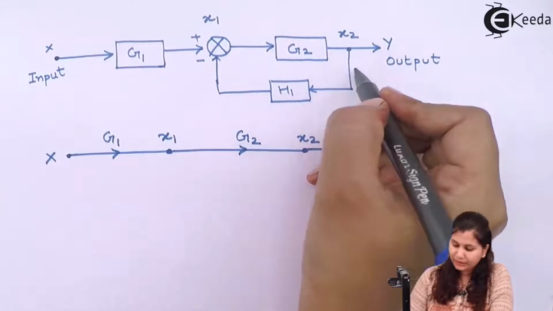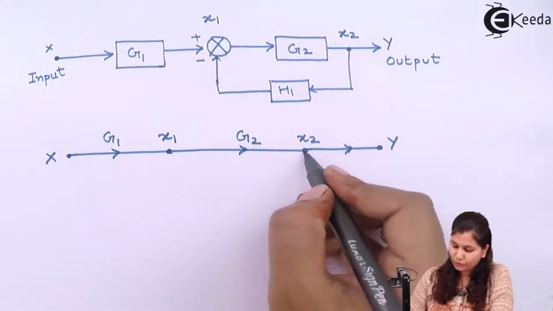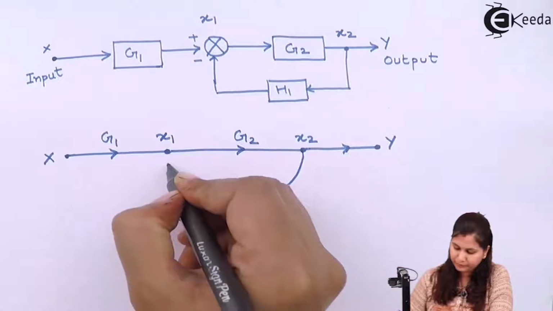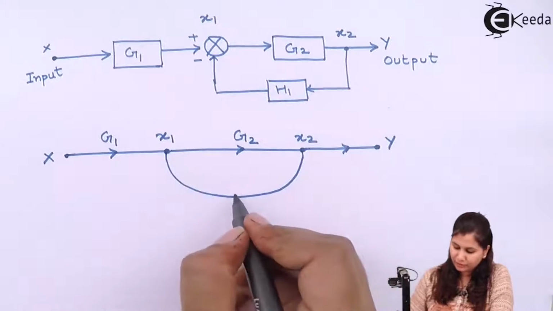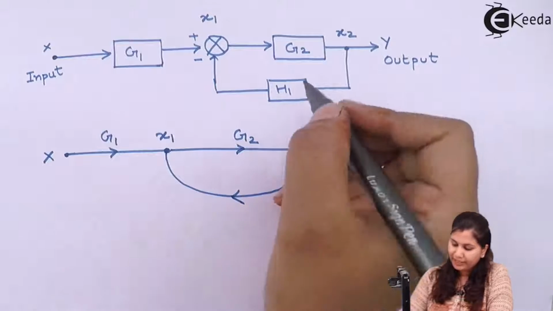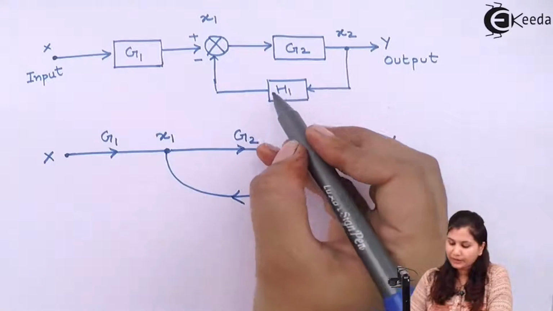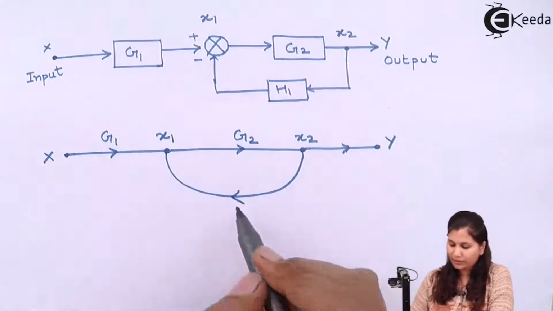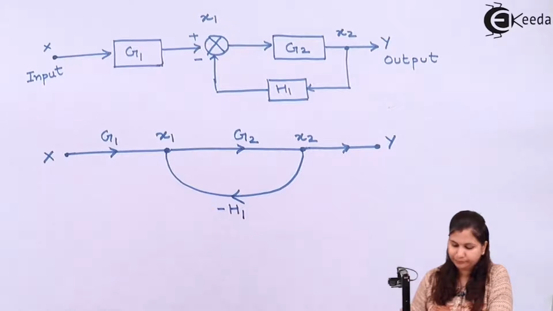And between x2 and x1, we also have a feedback loop. So let's draw this feedback loop. The direction of the arrow is in this direction. So we will draw the arrow, and then we will write the transmittance of this block with the sign on this arrow, that is minus H1.